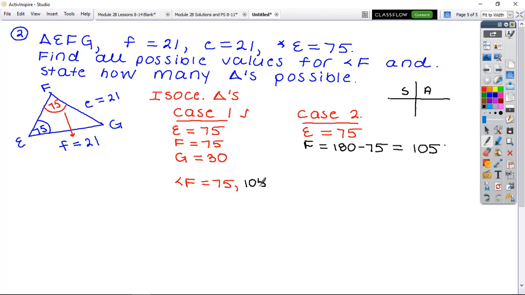But is this triangle actually going to work? No, not possible. There is not enough left over for angle G. Okay. So this would be an answer in which one triangle is possible.